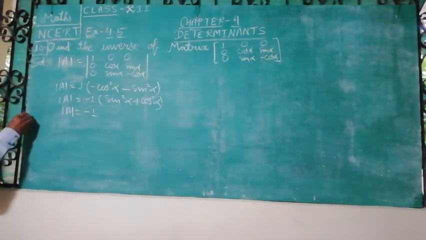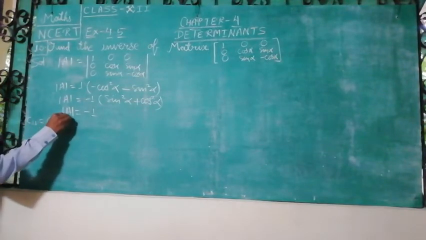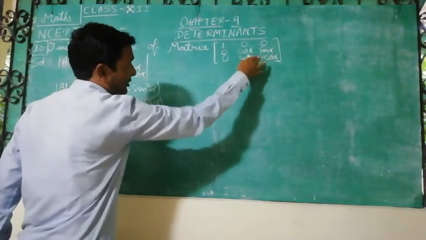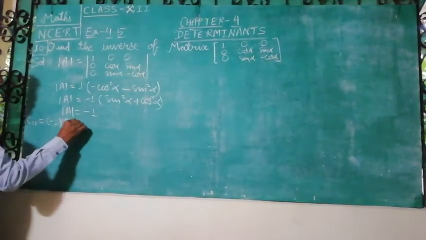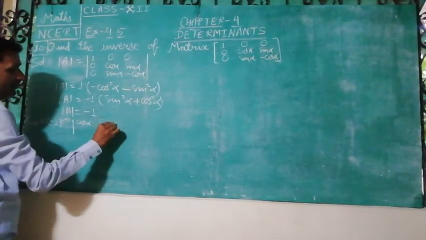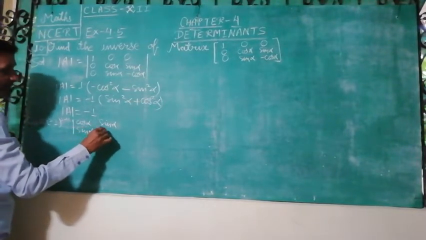So now let us find out C11. C11 means minus 1 raised to the power 1 plus 1, and then first row and first column will be eliminated. Remaining: cos alpha sin alpha, and sin alpha minus cos alpha.